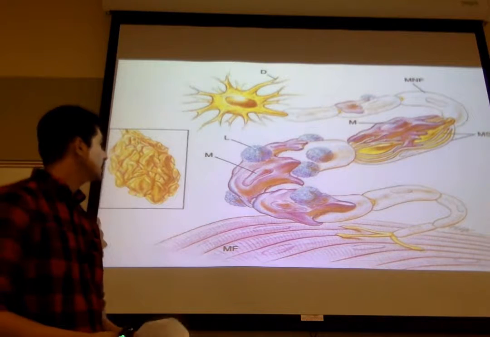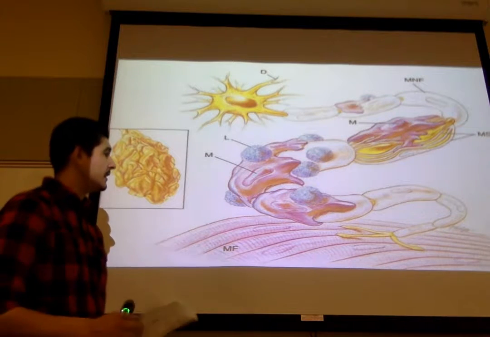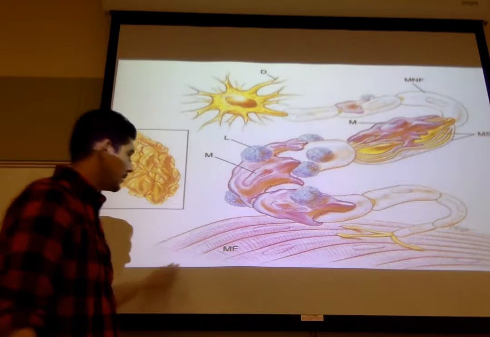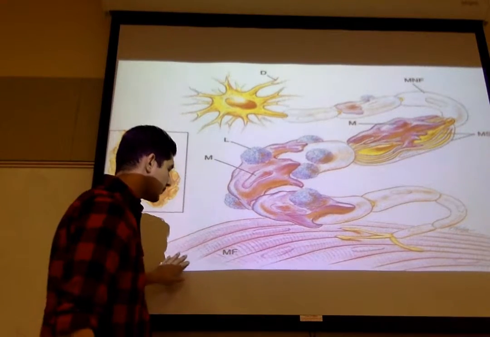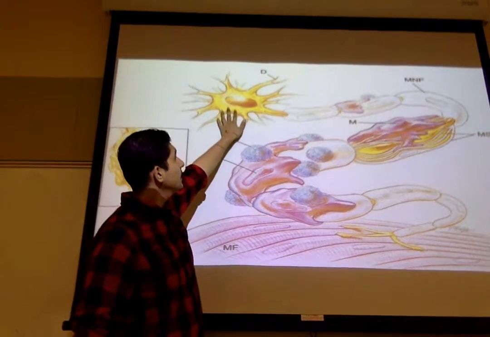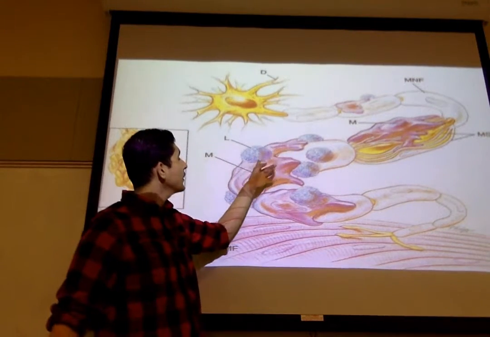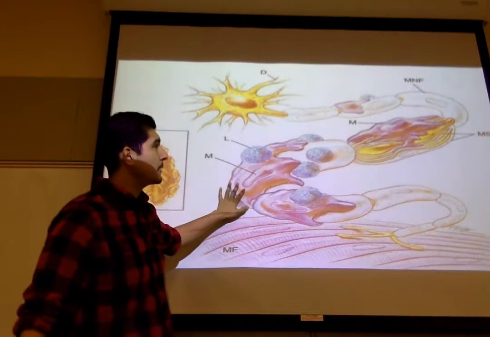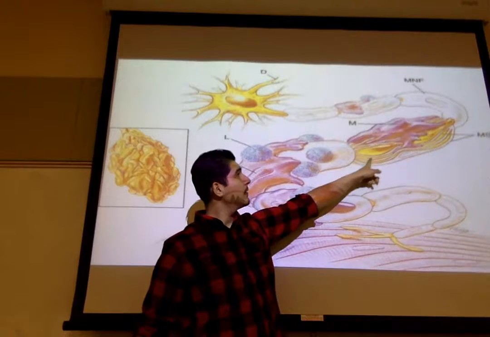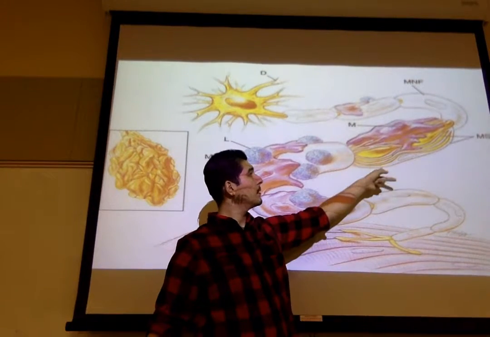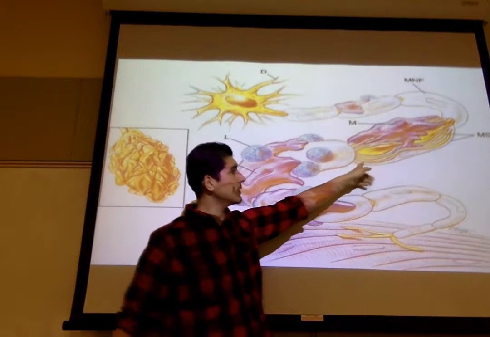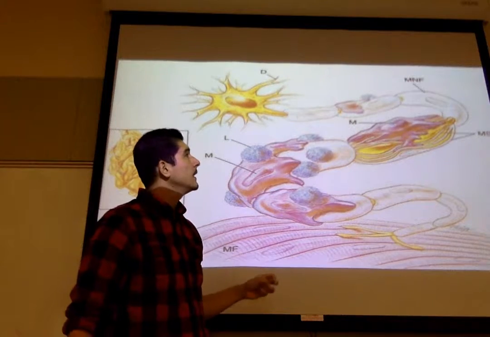So here we have a nice diagram of what exactly happens in Guillain-Barre syndrome. Here we have our muscle fiber. We have our dendrite here, and the L is for lymphocytes, the M is for macrophages, and here we have a macrophage attacking the myelin sheath, and you can see it stripping it off.